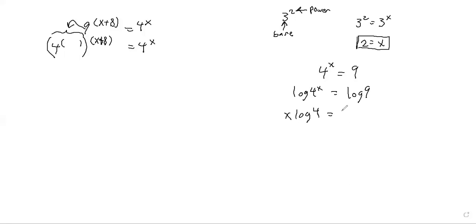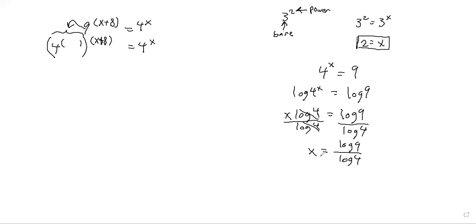This is going to be log 9. Now we're going to solve this expression for x, so we divide both sides by log 4, and we get x equals log 9 over log 4.